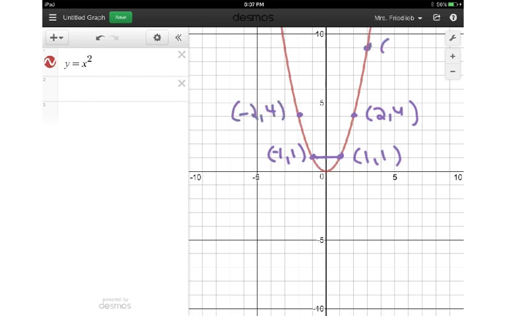And then 3, 9 is on the graph. There's another point on the other side. It better be at -3, 9. And it is. This is called an even function. An even function is one that's reflected over the y-axis. In other words, if you change the sign of the x-coordinate, but you don't do anything to the y-coordinate, that point also lies on the graph.